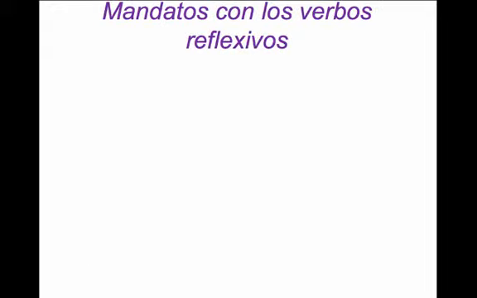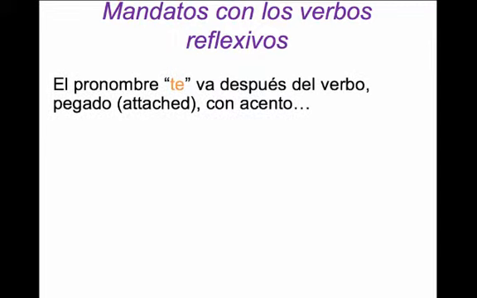We also have to know that with verbos reflexivos, there's a little something else we have to do with the pronombre. So the pronombre te, the little pronoun that comes with reflexive verbs when you're saying do something to yourself, like wash yourself or put on your clothes. What you need to do is attach it to the end of the verb, pegado, and you also add an accent.